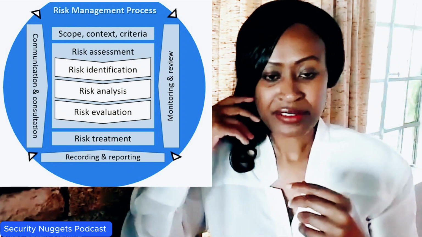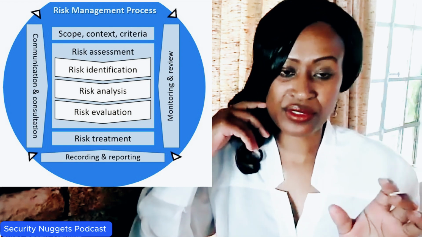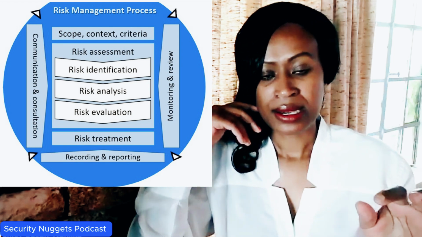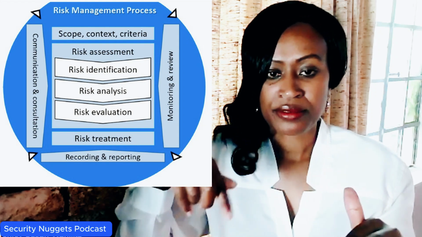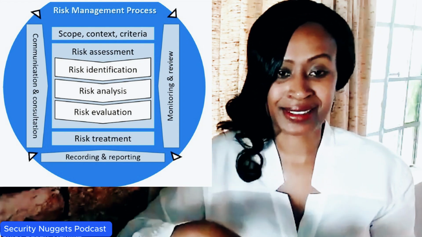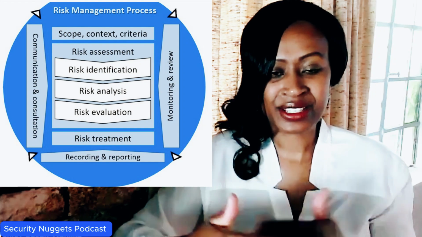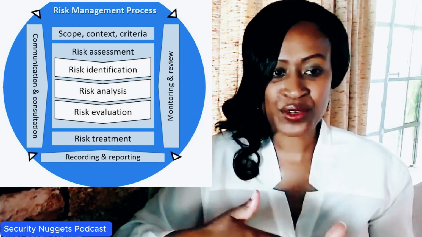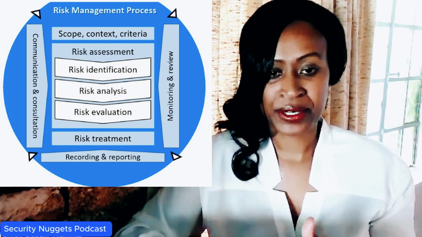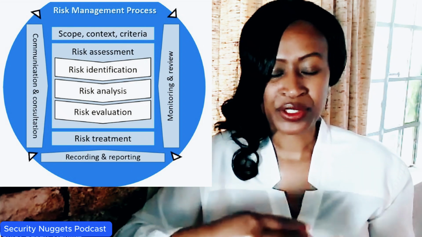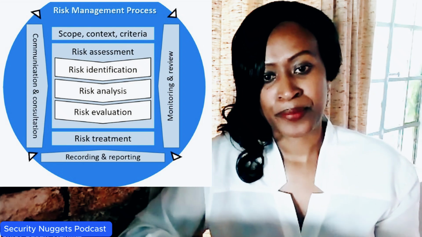And in reference to the picture that's displayed on the screen of the process of security risk assessment, you can see that at the bottom of it, we have recording and reporting, all right? Because it is going to be very important for us to always make sure that we have a record. We need to have a record of how the treatment action plans are being executed, all right?